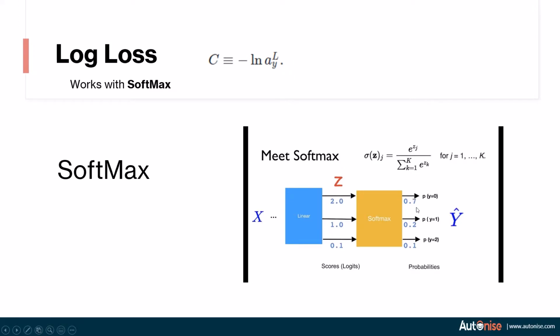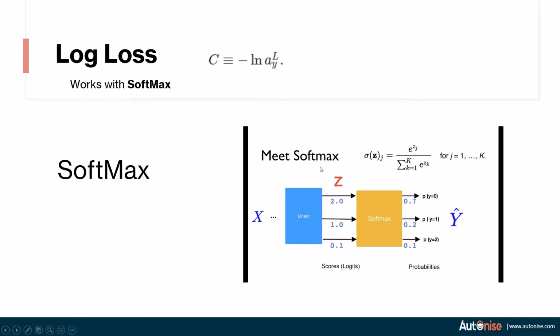So if we add 0.7, 0.2 and 0.1, we'll always get 1. That is because if you look at the equation, if you add all the individual outputs, the numerator also becomes sigma of e to the power z. So the numerator and denominator cancel out and we get 1. So this is how our softmax activation function works.